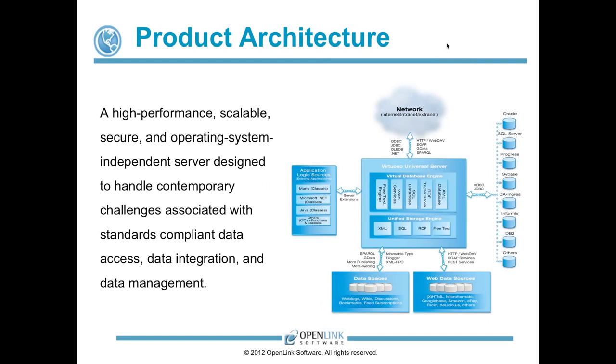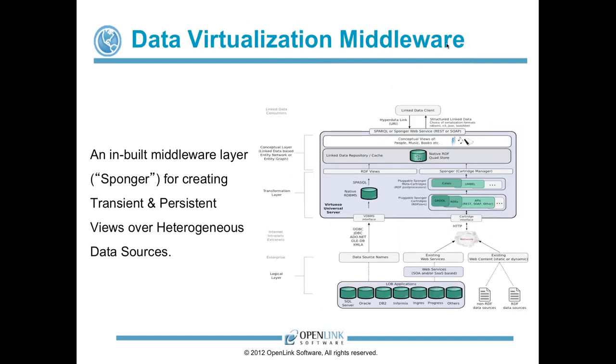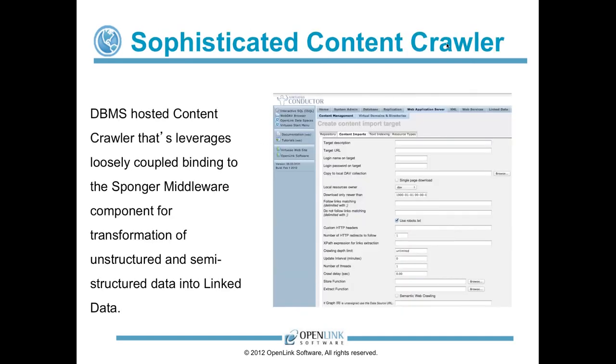The product architecture diagram shows the various ways that data, ranging from relational to web accessible structured data sources, can be ingested into the Virtuoso storage engine and exposed via any of the many client interfaces supported. The Virtuoso Sponger middleware can be used for transforming structured and unstructured data sources to RDF as indicated in the diagram.